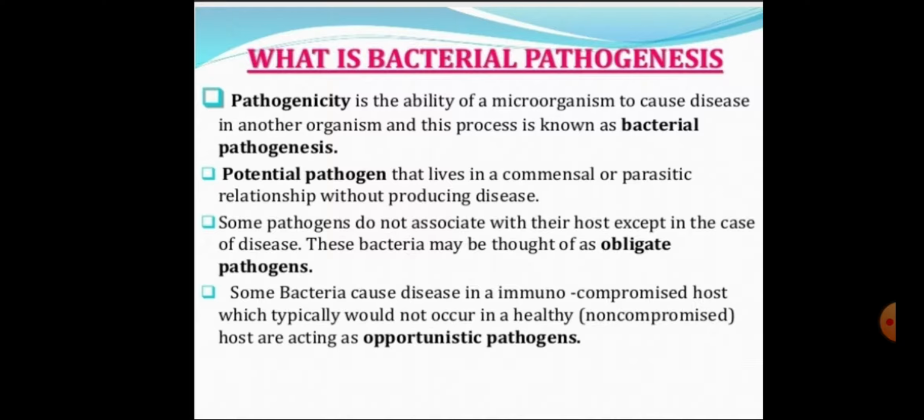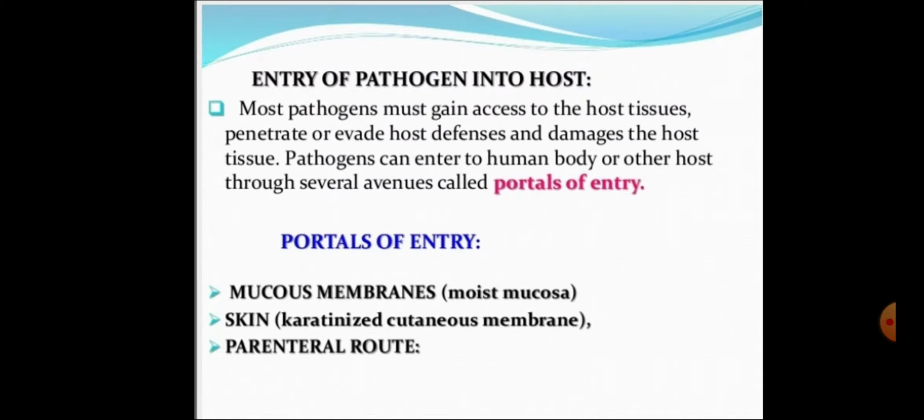Some pathogens do not associate with their host except in the case of disease. These bacteria may be thought of as obligate pathogens. Opportunistic pathogens are those which cause disease in an immunocompromised host, which typically would not occur in a non-compromised host.